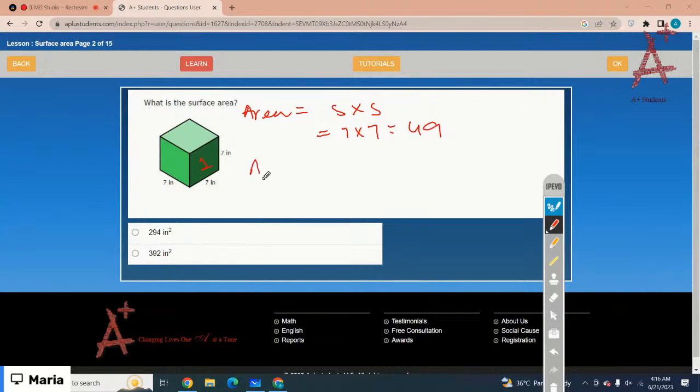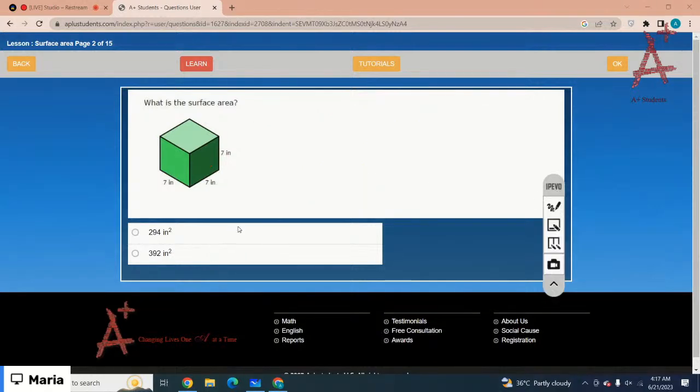But the cube has 6 faces, so you have to do 49 times 6. Got it? So 49 times 6 is 294 square inches. So the surface area of the shape is 294. Got it? Very good. Option number 1 is the correct option.